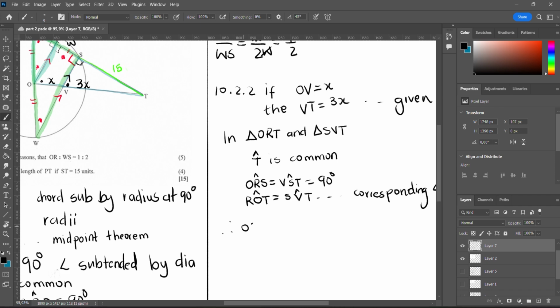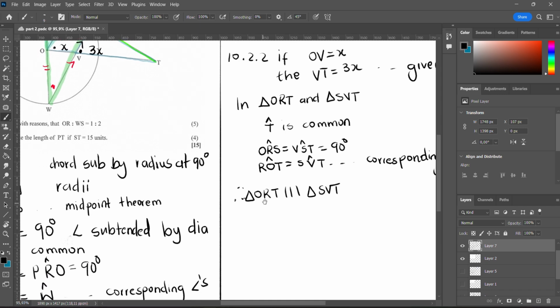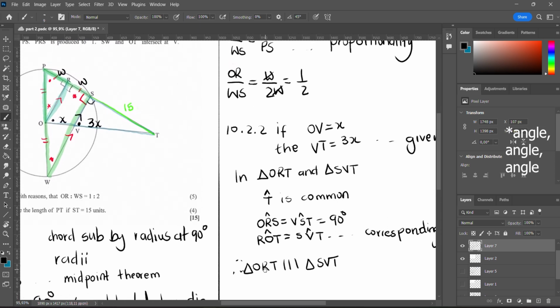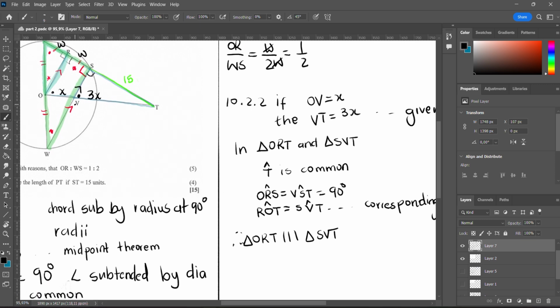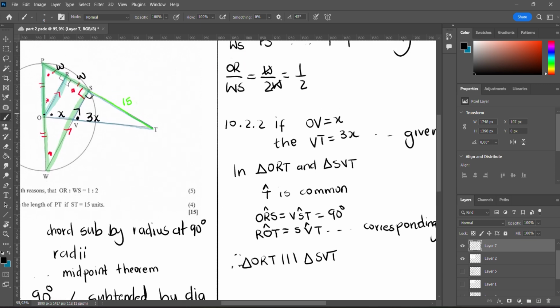So therefore triangle ORT is similar to triangle SVT, right? Okay, then we're going to use proportionality theory, right? Since we're looking at the bigger picture of this triangle and we have this side, we're going to start with ST. So RS over ST would be equal to OV over VT.